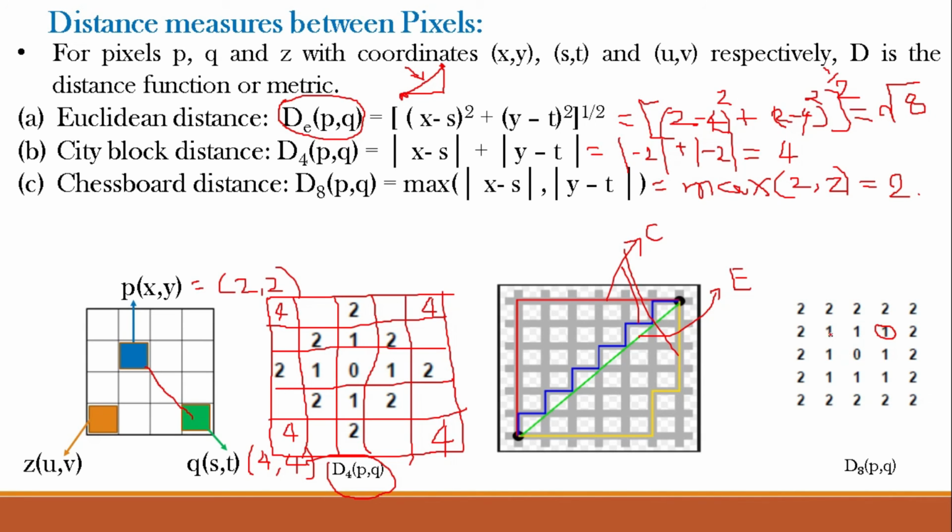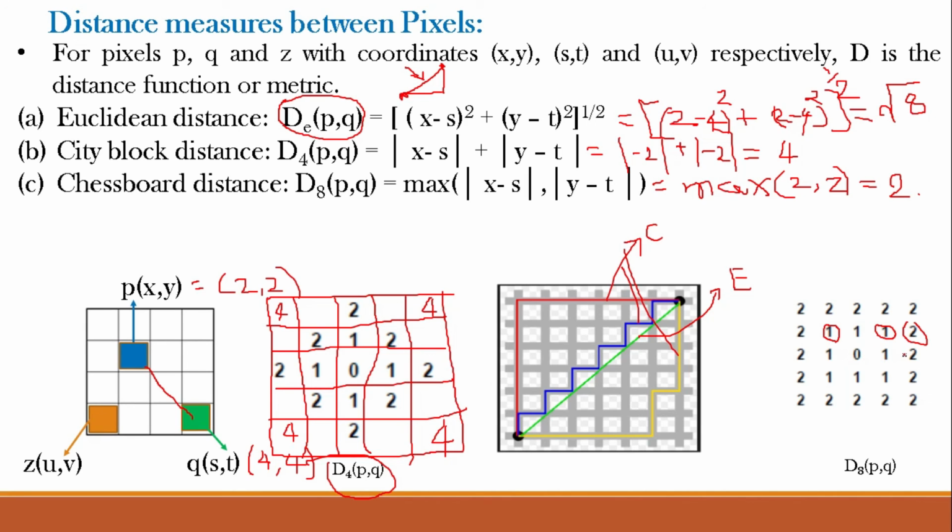Consider this pixel. The value between this pixel and this pixel is 0 plus 1, which is equal to 1, and again the value between this pixel and this pixel is 1. So the maximum of 1 and 1 is 1, and therefore the value of this pixel comes out to be 1. That is how you get the values of this pixel and this pixel. Now let us find the value for this pixel. The value between adjacent pixels is 1, so the value between this pixel and this pixel is 1, and this second pixel and this pixel is again 1.